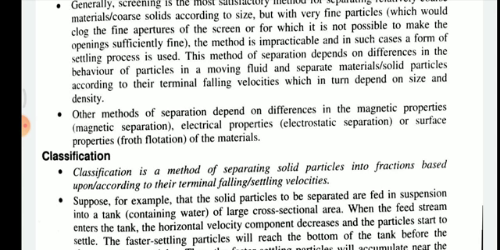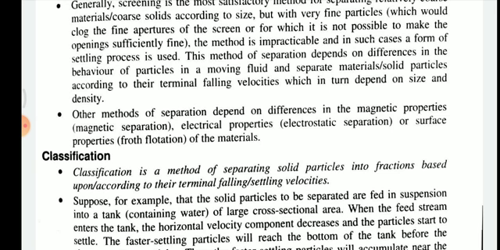If that is not the case, some particles are charged either positively or negatively, and then they become positively or negatively charged material, and then they can be separated. So it is called magnetic separation. And then electric properties, which is electrostatic separation, or surface properties, that is the fourth, flotation of the material.